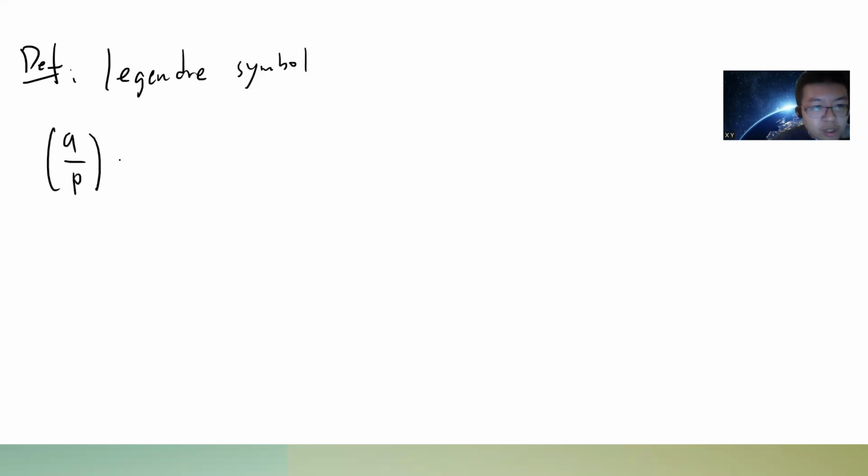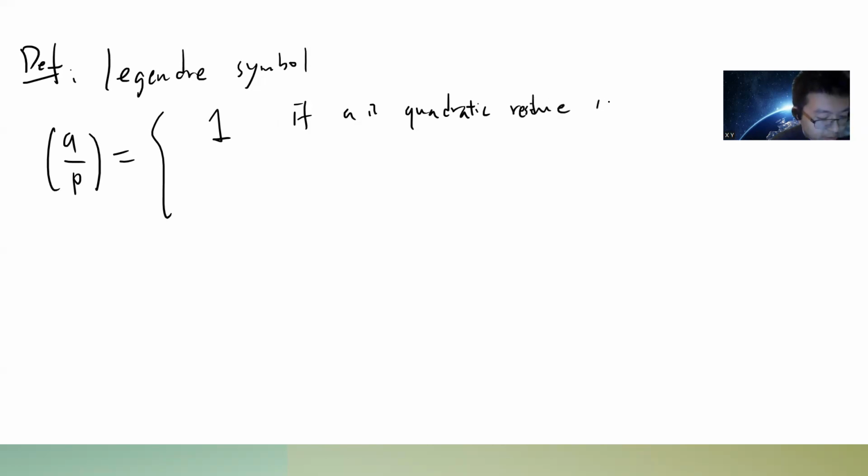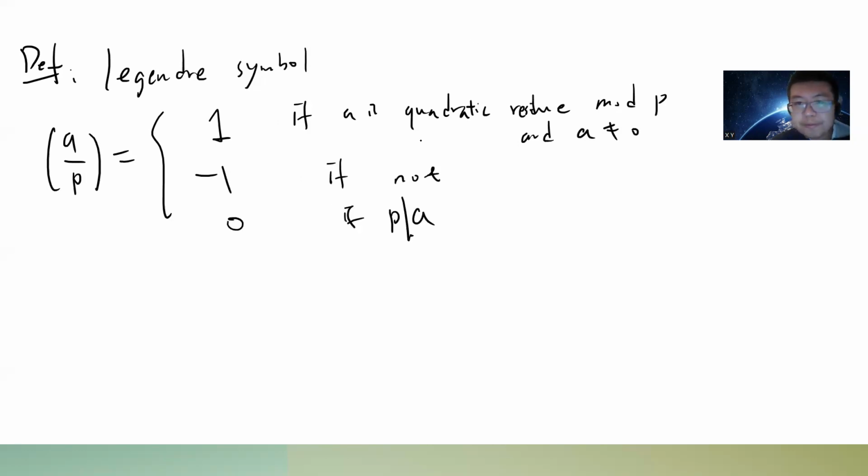The Legendre symbol (A/P) is 1 if A is a quadratic residue mod P and A is non-zero, -1 if not, and 0 if P divides A.